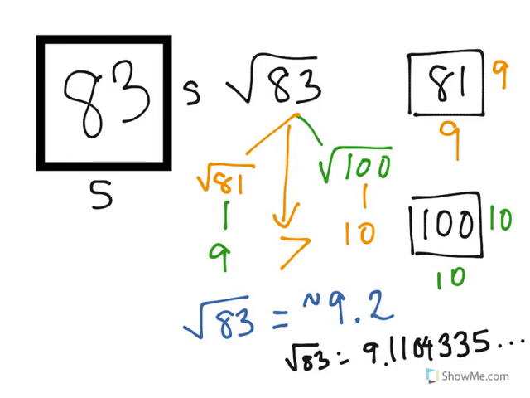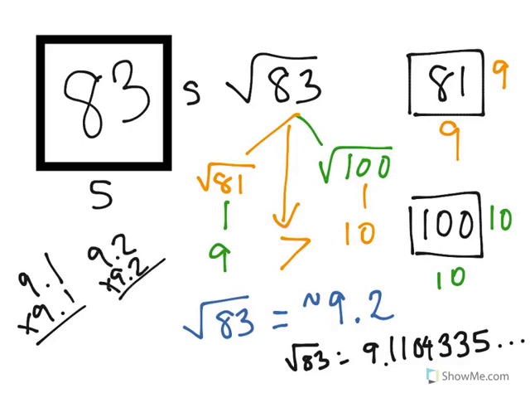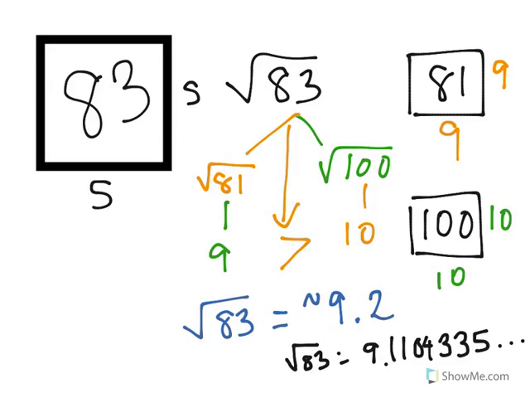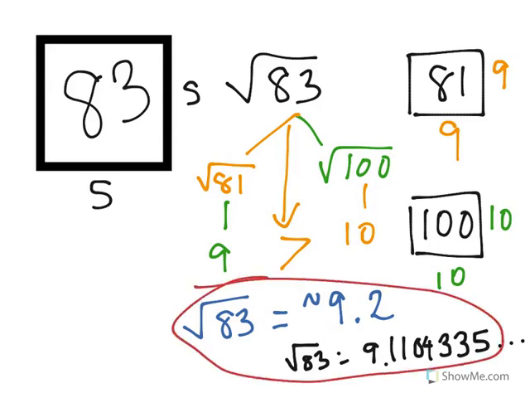If I really wanted to see how close I was, I could have done 9.1 times 9.1 or 9.2 times 9.2 to check my work. But you can see how creating the tree does show us a little bit about the reasonableness of how to find our answer without a calculator.